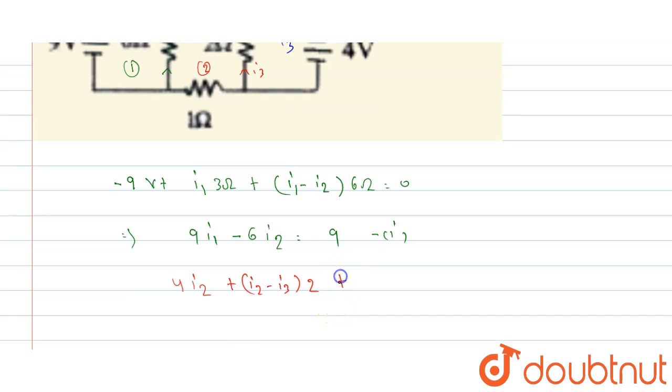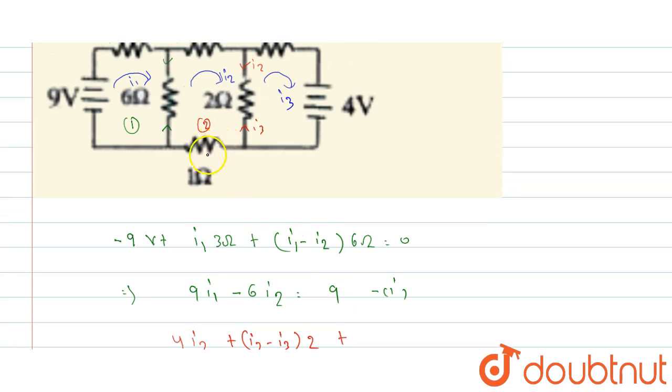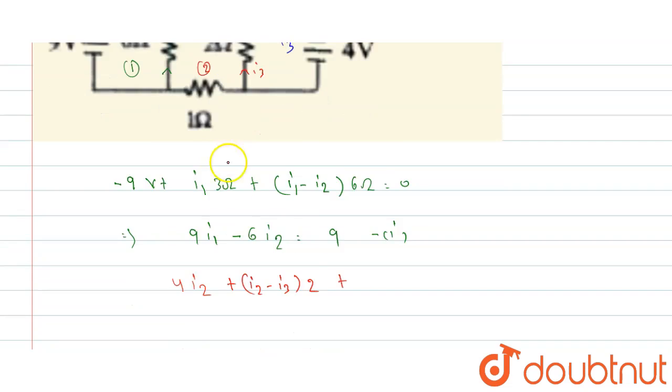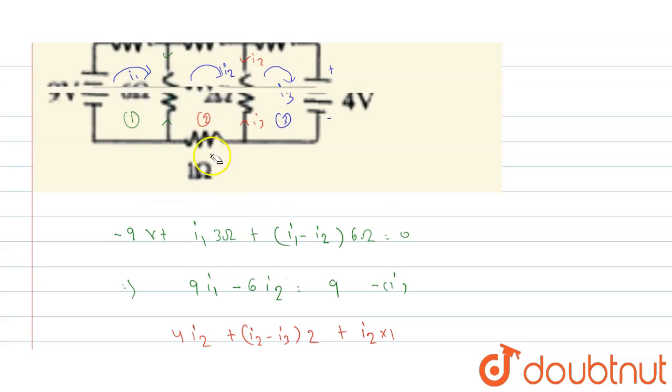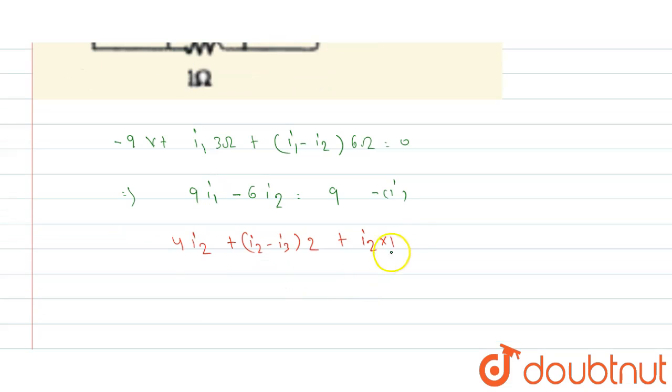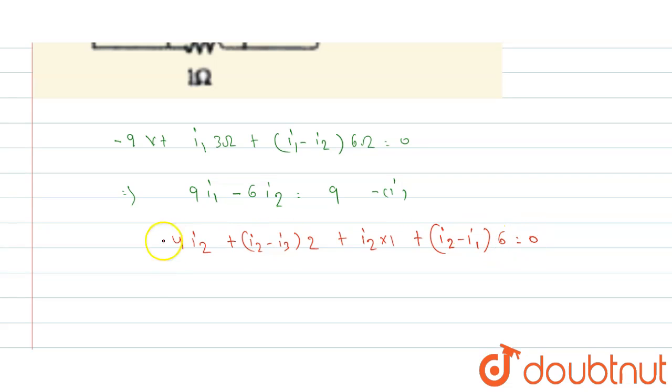Now students, plus the current flowing through this resistor is I2, so this would be I2 multiplied by 1. Now the current flowing through this resistor, upward is flowing I2, downward is flowing I1. So as we are moving in this direction, this would be plus (I2 minus I1) multiplied by 6 is equal to 0.